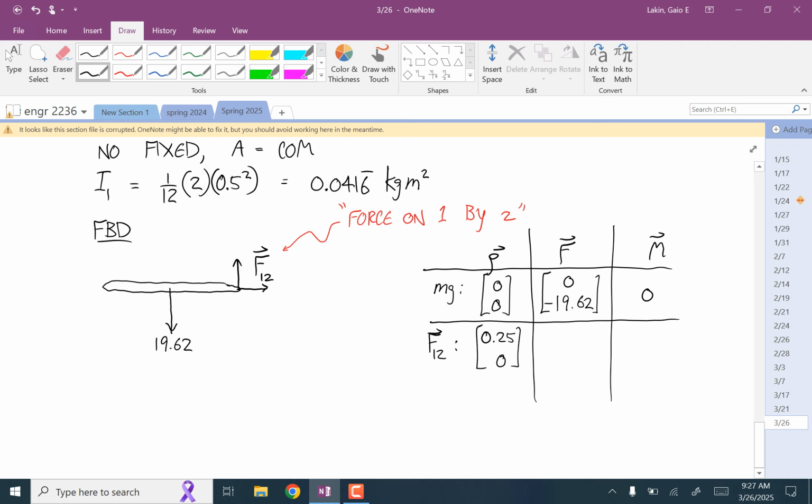And the force vector is F12x, F12y. The cross product is 0.25 times F12y minus 0. Okay? Any questions about that?